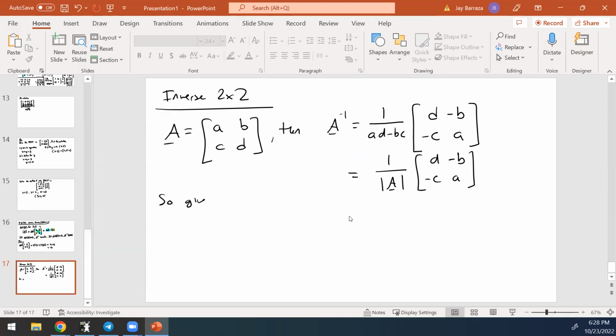So, given A is equal to 5, negative 2, 10, and negative X, let's put it up here, it would fit.